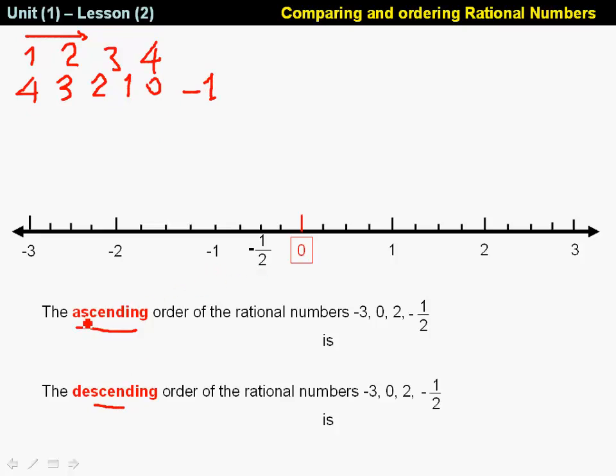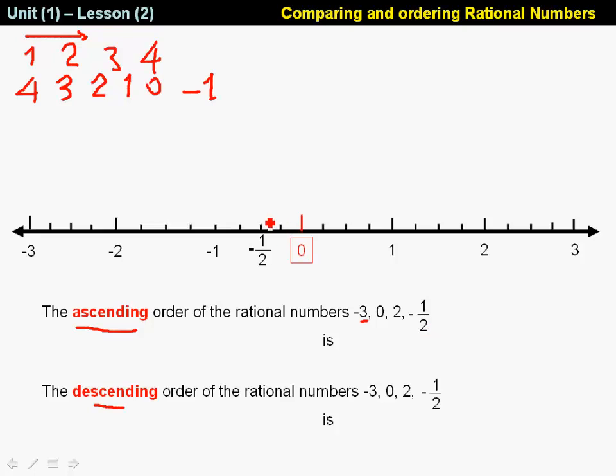Order the rational numbers -3, 0, 2, and -half in ascending order. We will represent them on the number line. Here we have half, so make all numbers over 2.